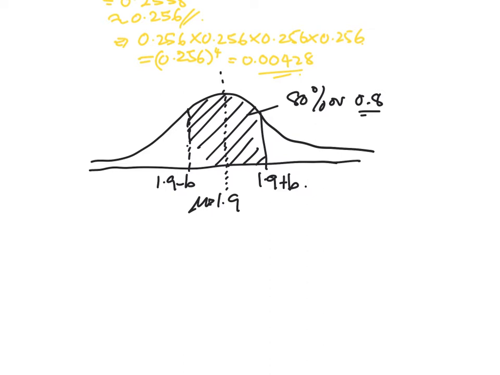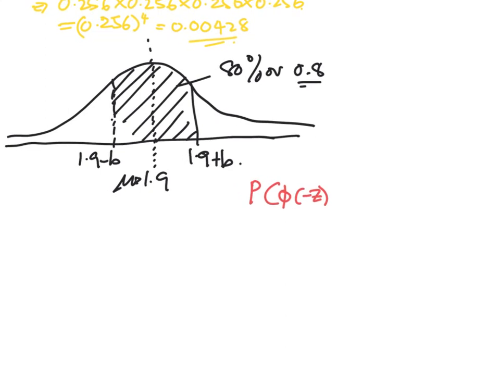Okay, so basically what I have to do is find the probability of phi of negative z less than x less than phi of positive z. Why negative and positive?